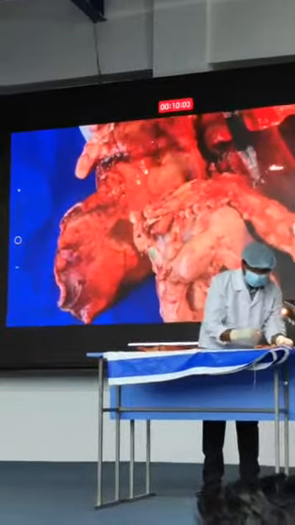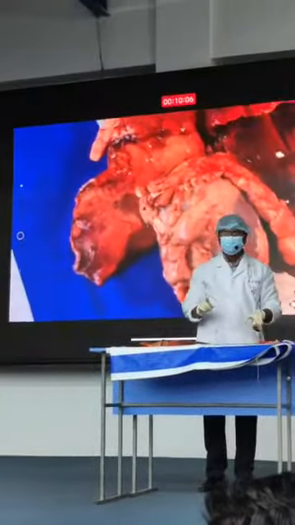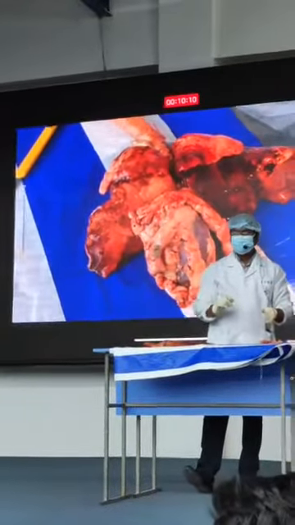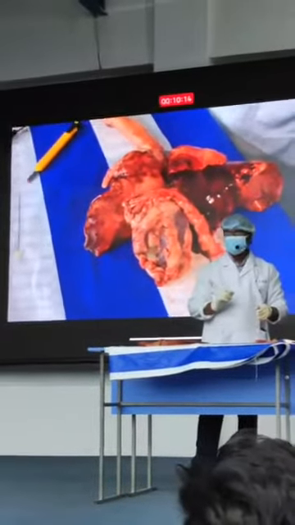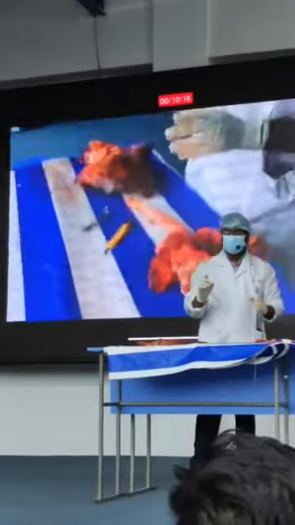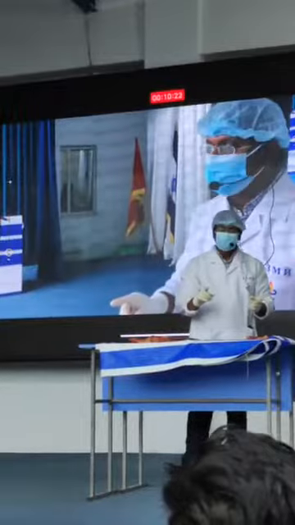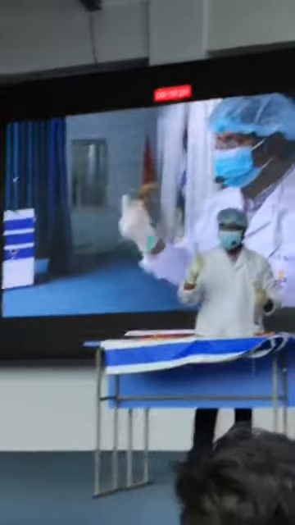Is that clear? Next. Now, the other important point is regarding those great vessels. Today I was discussing about cardioembolic stroke, right? And this cardioembolic or thromboembolic stroke may lead to what? May lead to the development of cerebrovascular accident. Why is that?